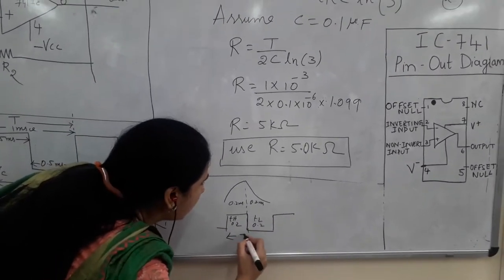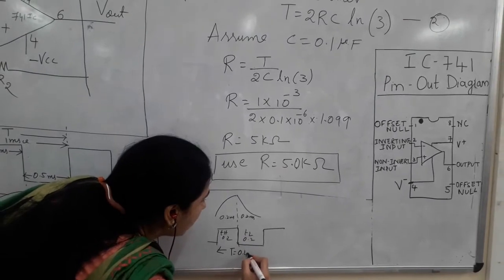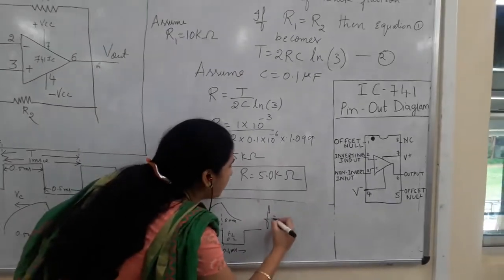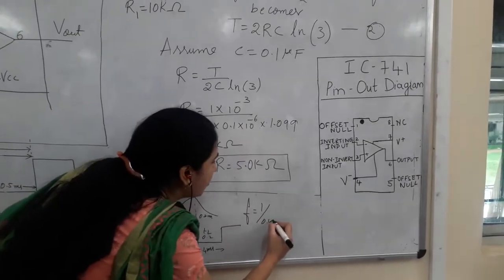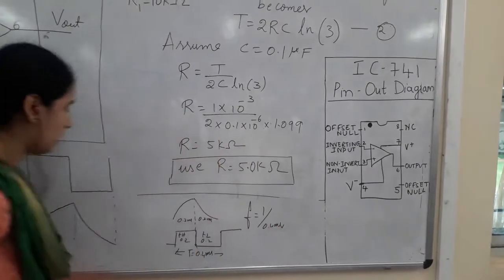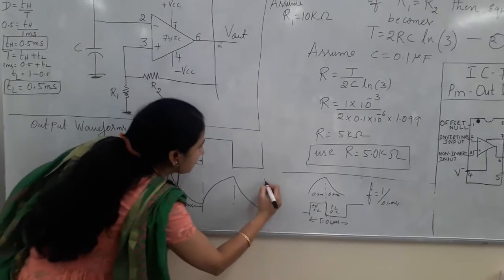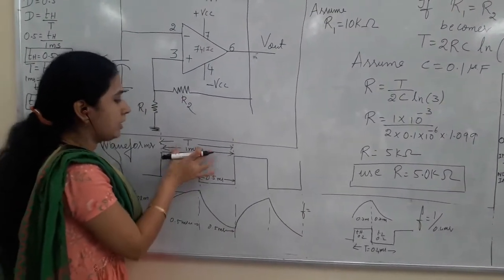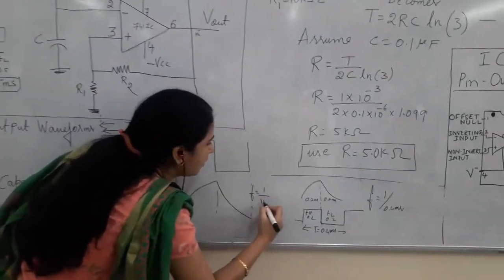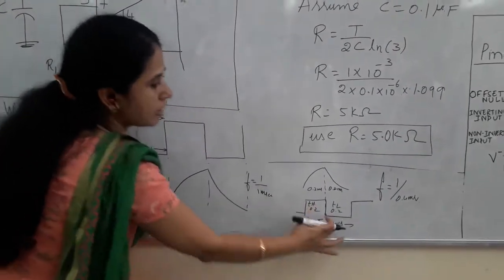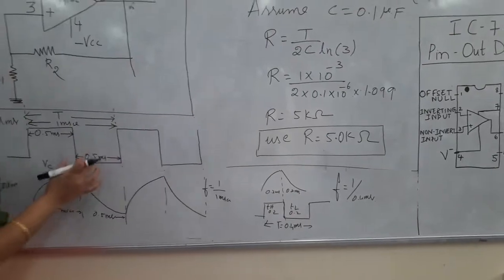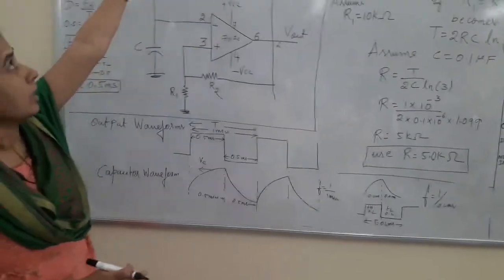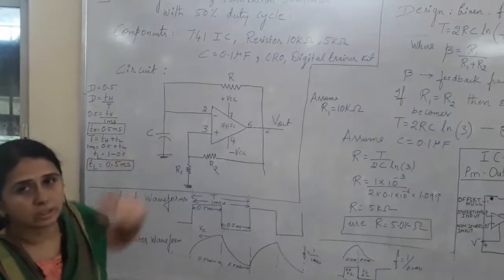The overall time period will be 0.4 millisecond. If T is 0.4 millisecond, F will be 1 by 0.4 millisecond. The frequency changes. Here, it was 0.5 plus 0.5, so T is 1 millisecond, that is 1 by 1 millisecond. Since the frequency of the oscillation changes based on the charging and discharging of the capacitor, it is called a relaxation oscillator.